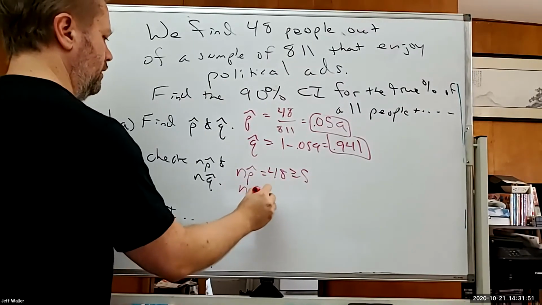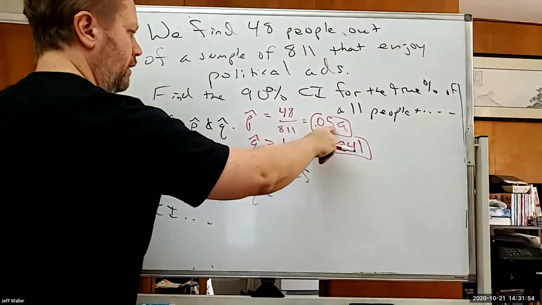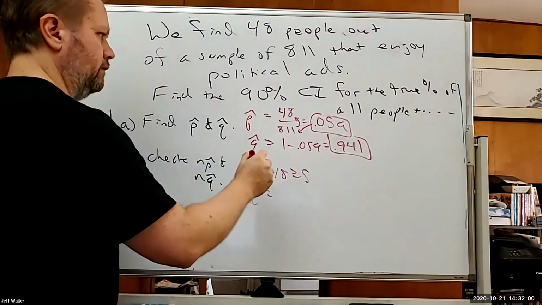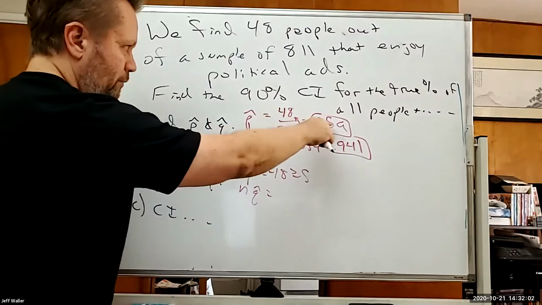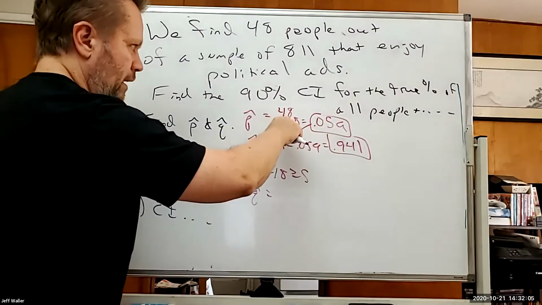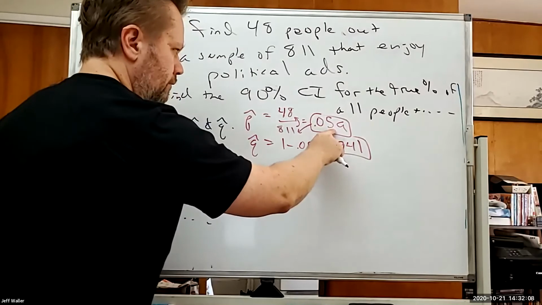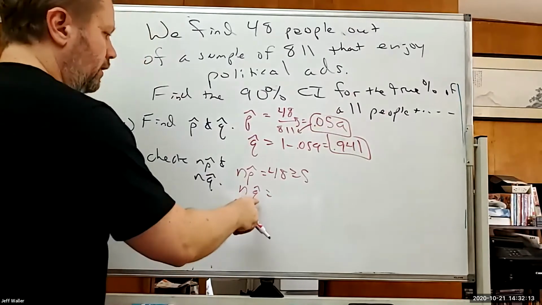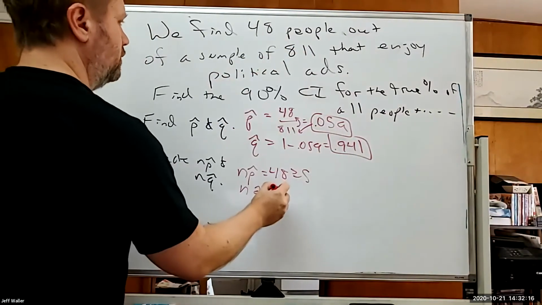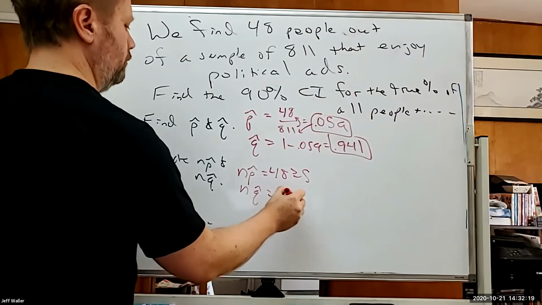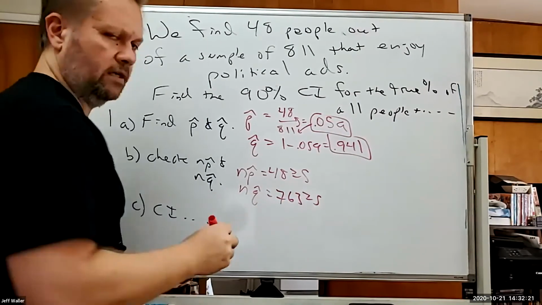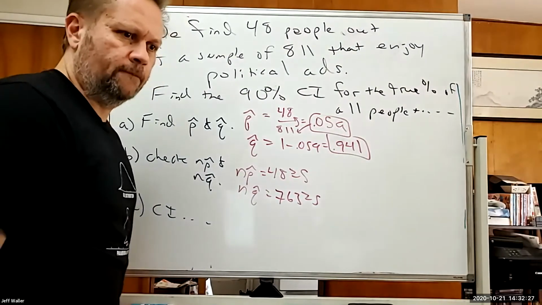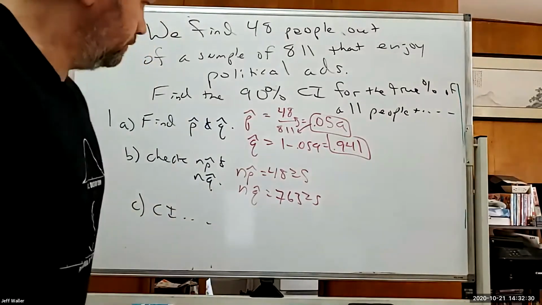And again, you could either do 0.059 times 811, but isn't that going to be about 48? You can see that. Why do I say about? Because that's rounded. And then NQ hat is going to be the rest, which is 763, right? Did you guys get roughly 763? Yeah. Okay. So you can either do the long way or the short way. It doesn't matter.